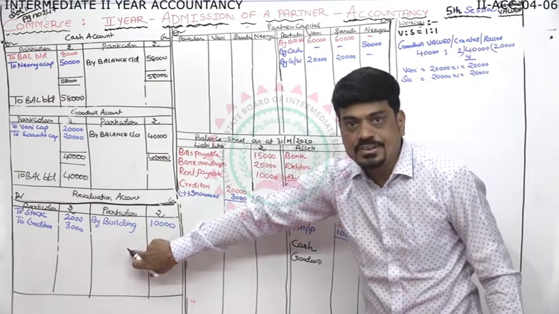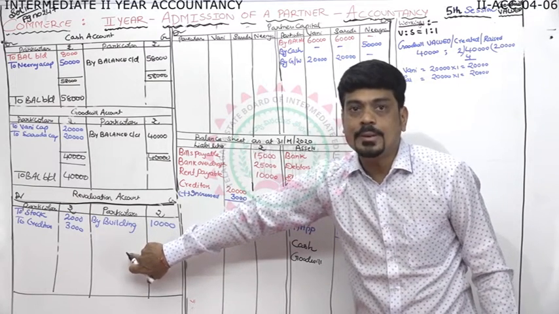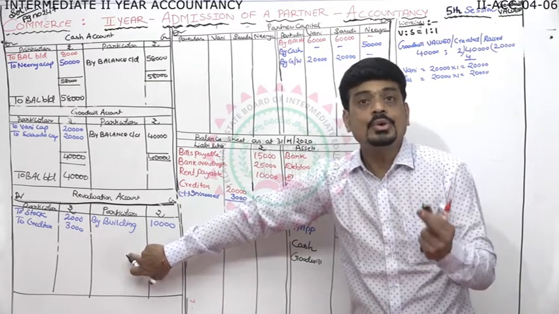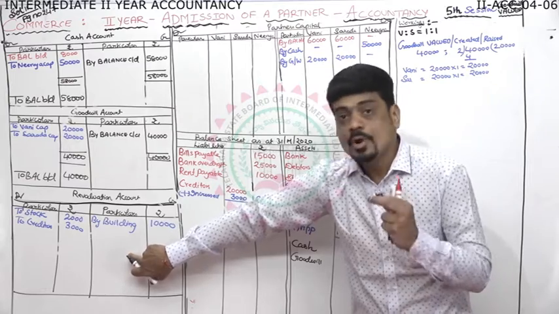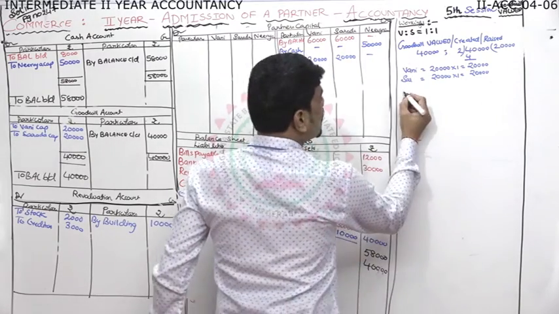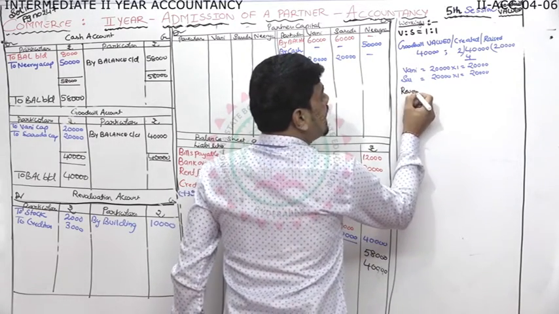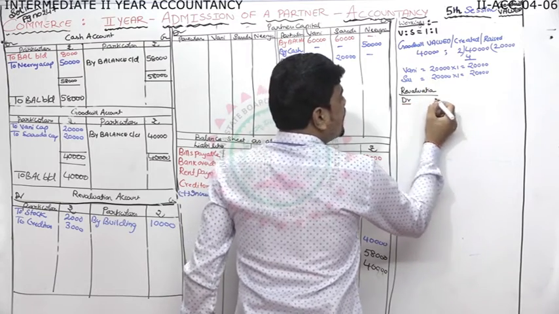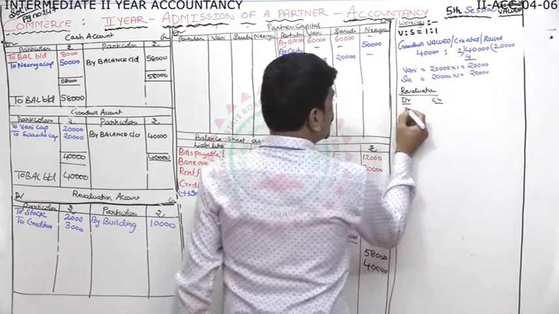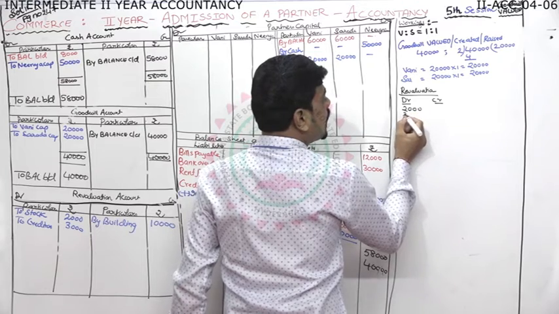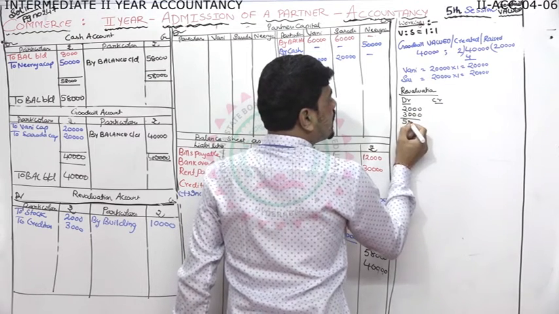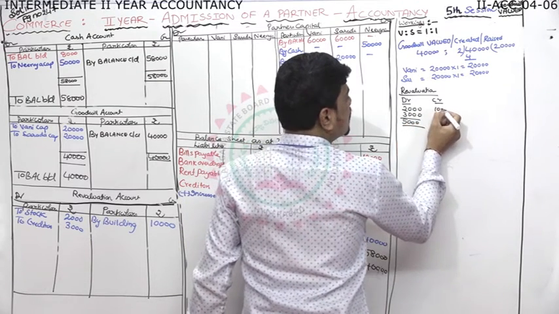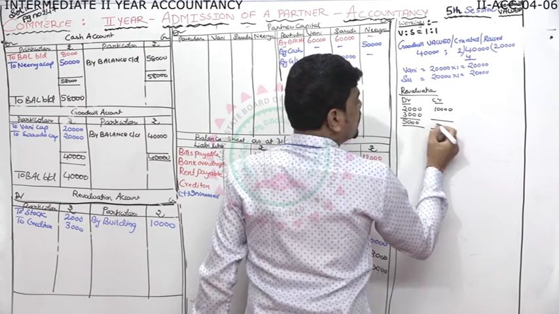Then revaluation. You know, again we have to do debit credit of revaluation to get what? To get profit or loss. So we'll do the working. Revaluation. I am writing debit side, credit side. Debit figures 2,000, 3,000 gives me 5,000. Credit 10,000.